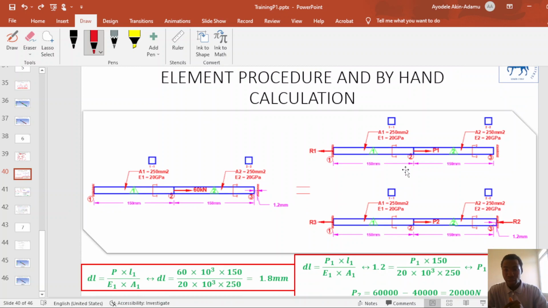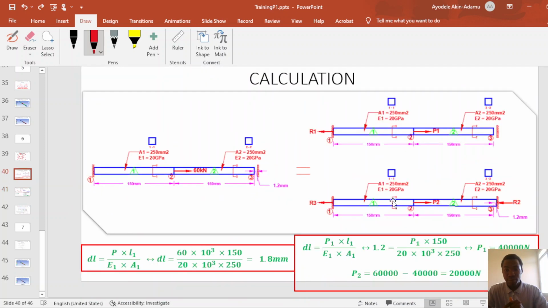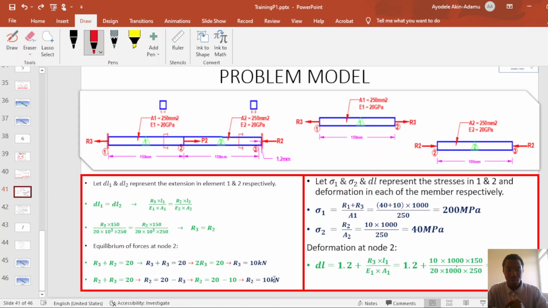And we know that R1 is our P1, R1 equals 40 kilonewton. So 40 kilonewton plus 10 kilonewton is 50 kilonewton. So the total reaction at node 1 is 50 kilonewton, while the reaction at node 3 is just R2, and we calculated R2 as 10 kilonewton.